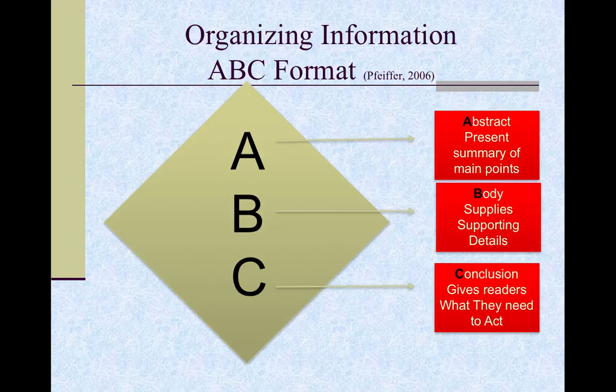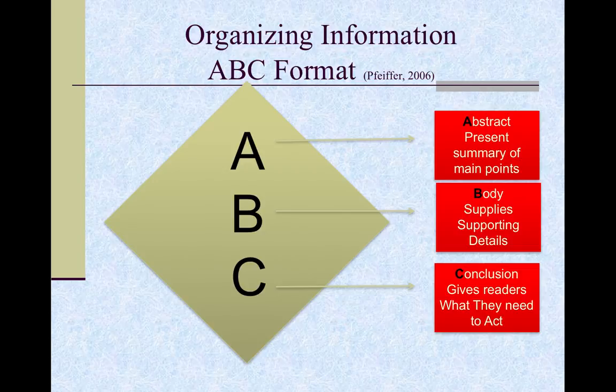A stands for the abstract or the summary or introduction to the document, where the main points, the main ideas, and the purpose of the document are presented to the reader. B stands for the body, where all detailed information, background information, and supporting details are presented.